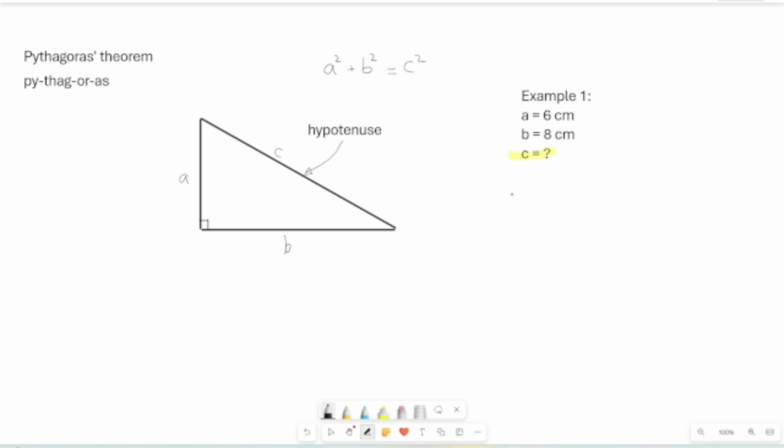A is 6 centimeters, so 6 squared plus B squared. B is 8 centimeters, so that's 8 squared equals C squared, which is what we're trying to find. 6 squared is 36. 8 squared is 64 equals C squared. 36 plus 64 is 100.